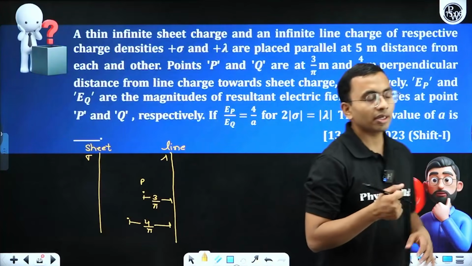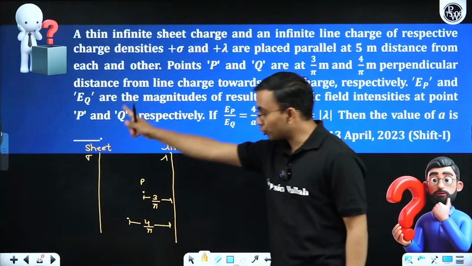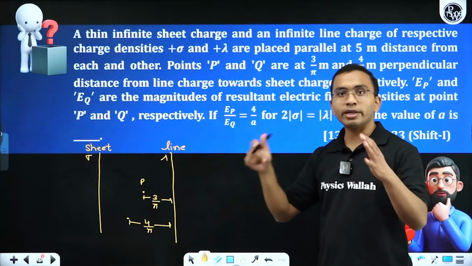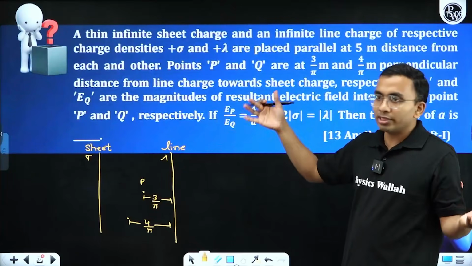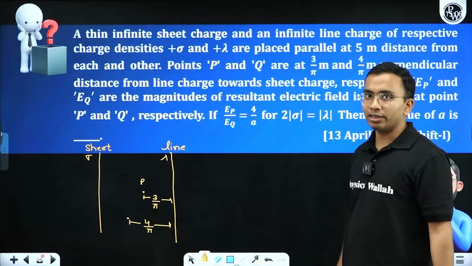So again we will use superposition. We will write the electric field due to the sheet at that particular point, and due to the line at that particular point, and take the vector resultant of the two, which becomes the resultant electric field.